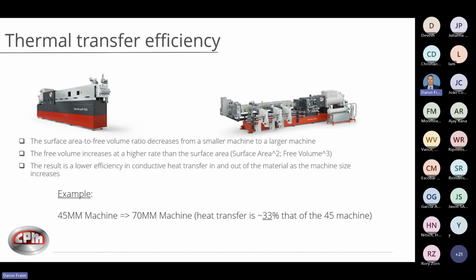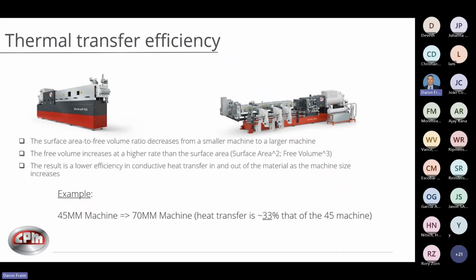One thing to note, when you move from small machines to larger machines, the free volume changes at a higher rate than your surface area. We often say the surface area changes on a squared term and the free volume on a cube term, so to the power 3 versus power 2.